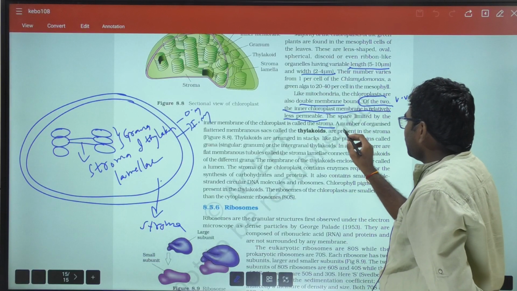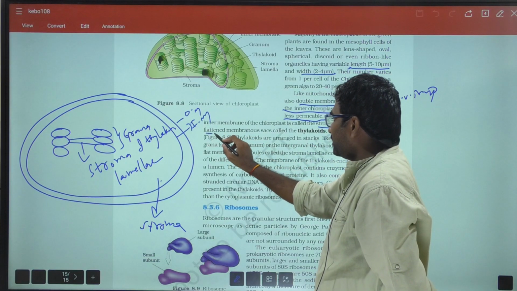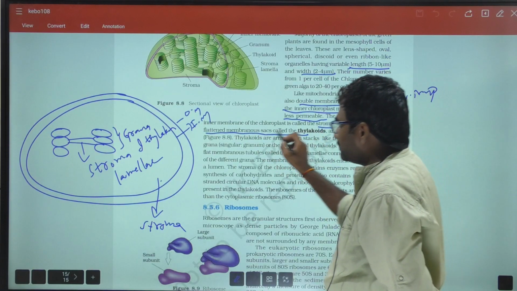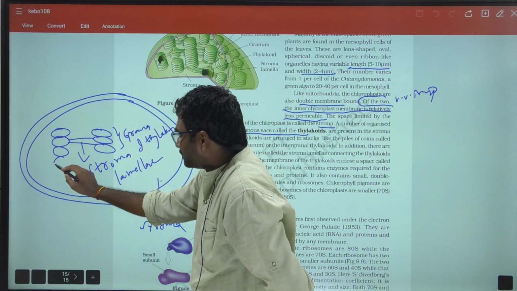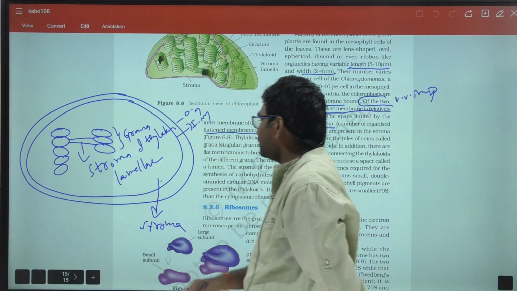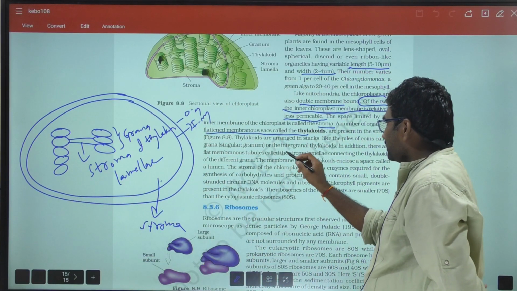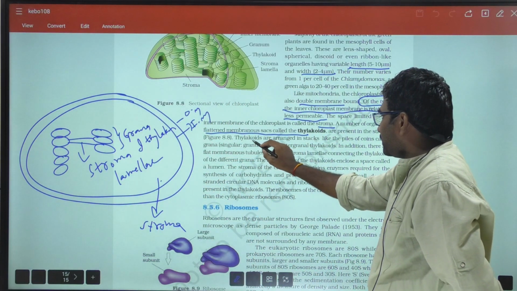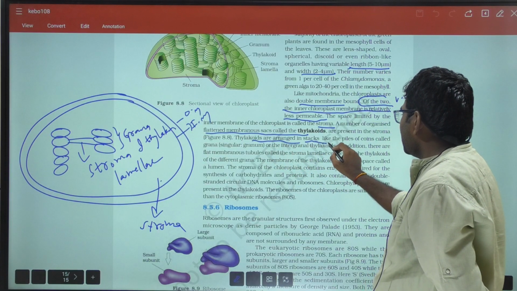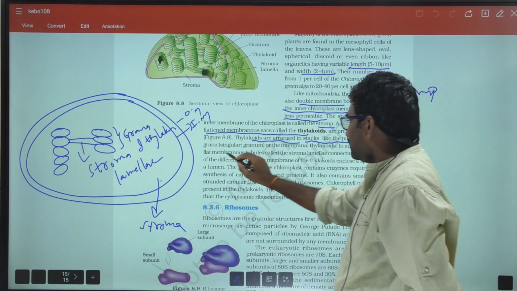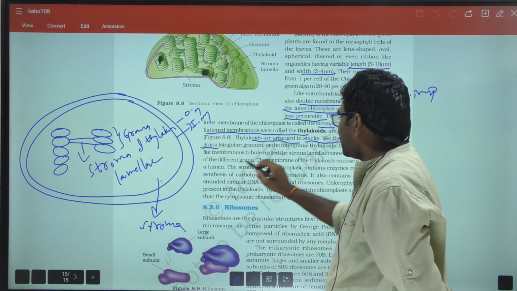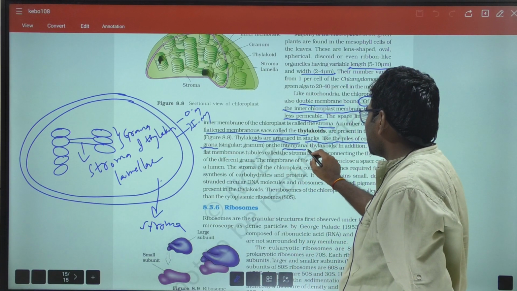So here, a number of organized flattened membranous sacs called thylakoids. These are the thylakoids, and they are arranged in stacks like piles of coins called grana, or intergranal thylakoids.